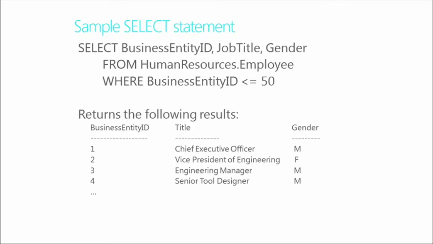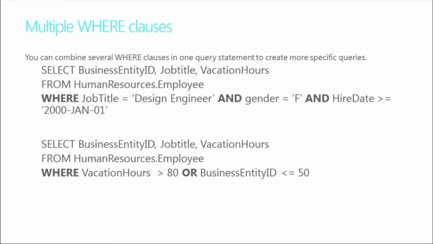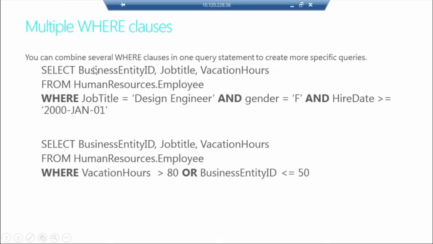So this has gone from a simple select statement to now I'm getting a little bit more picky about what I want returned to me. I can get pickier. I can add multiple criteria to the where clause. So notice here I'm still doing a select on these three columns: business entity ID, job title, and vacation hours, from the table.